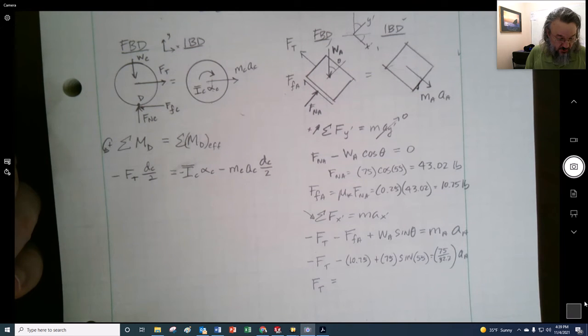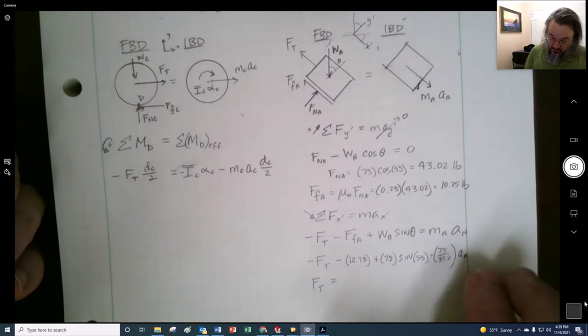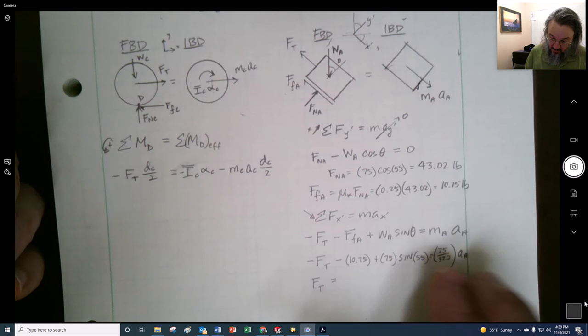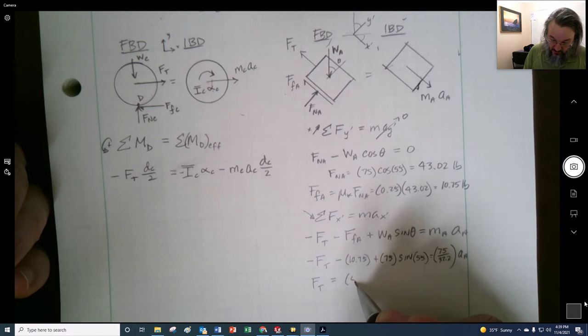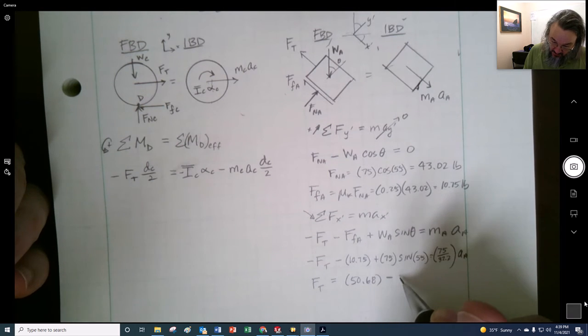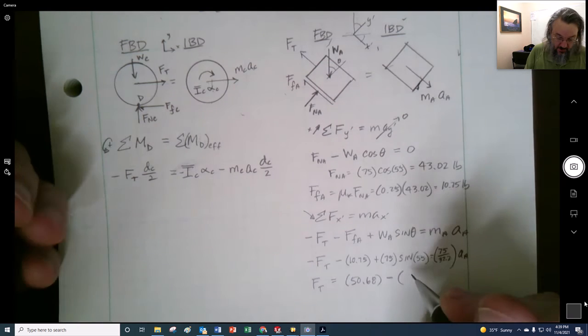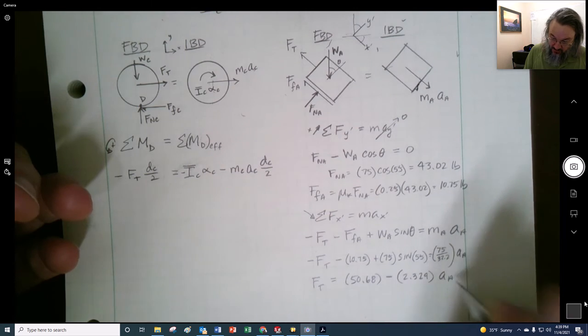Yeah, we're going to subtract that out, right? It's like 50.68, and that's going to come over onto the other side and be negative negative, and that makes that negative. So that ends up being 50.68, and that's going to end up being minus, and I'll do the 75 over 32.2 and divide, and get 2.329 acceleration of A.